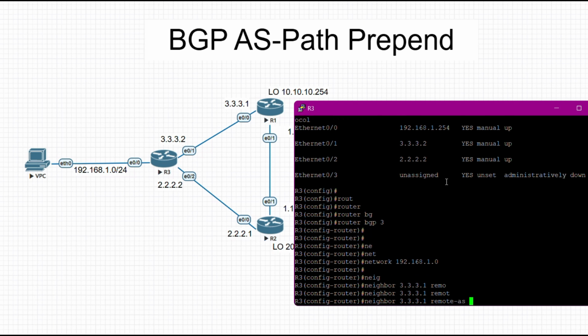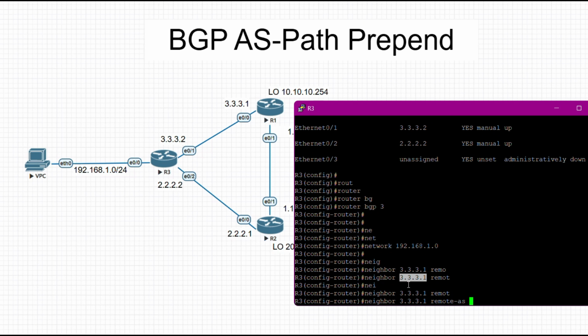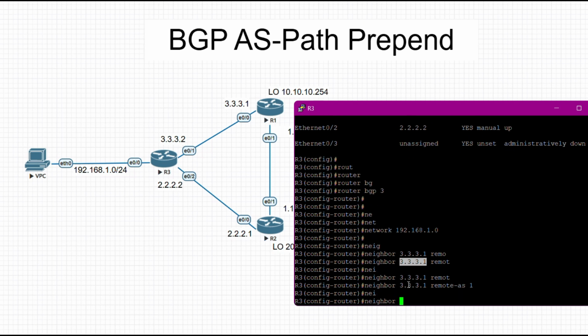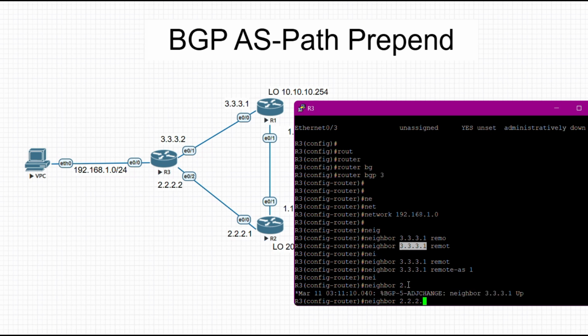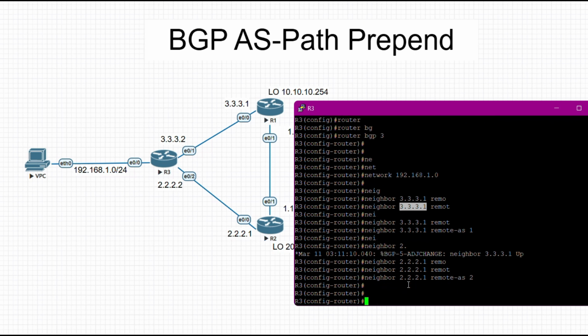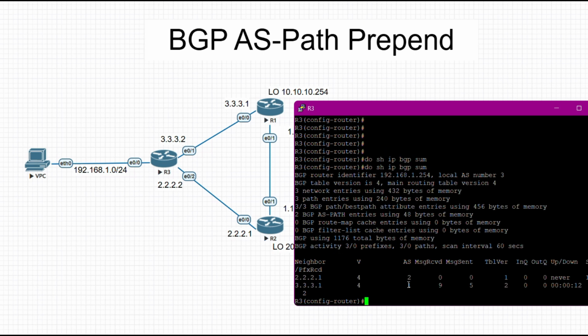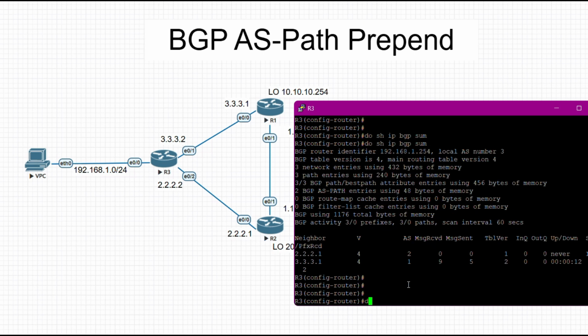For the neighbor, we need to configure 3.3.3.1, that's remote AS 1. For the neighbor 2.2.2.1, remote AS 2. Okay, we can see the neighbor 3.3.3.1 is up. Of course, 2.2.2.1 will be up soon. We just wait a second. Okay, it's confirmed, it's already up right now.